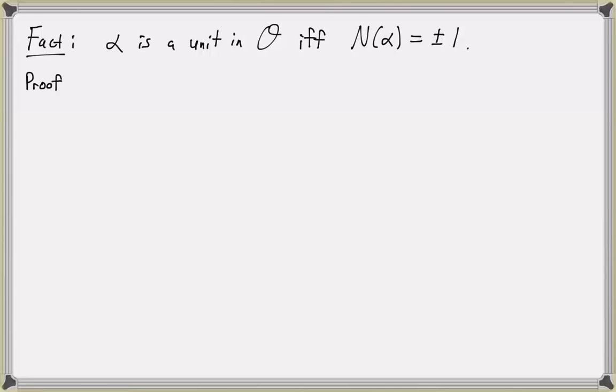So this helps us find all the units in a given quadratic integer ring. So let's look at the forward implication. Let's suppose that alpha is a unit.